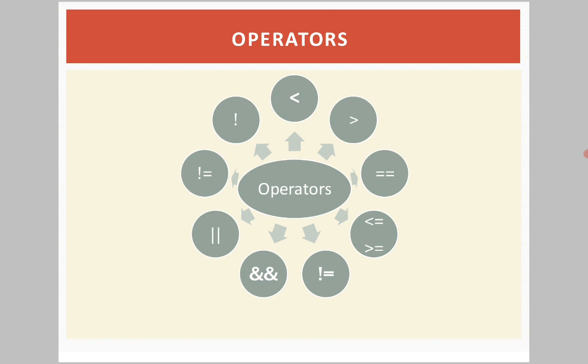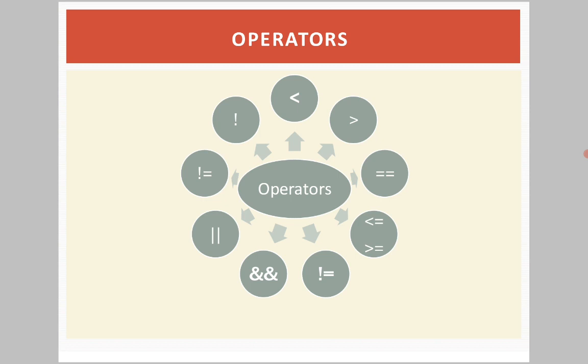To test a given condition or expression, we use some types of operators. These are called relational operators. As we already discussed in the previous classes, 5 to 6 types of operators are available in C language. First is arithmetic operators: plus, minus, star, slash.